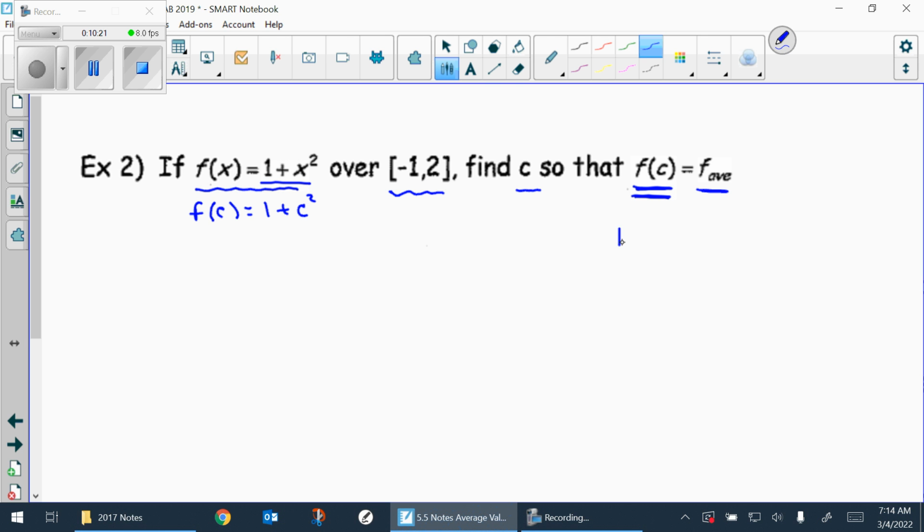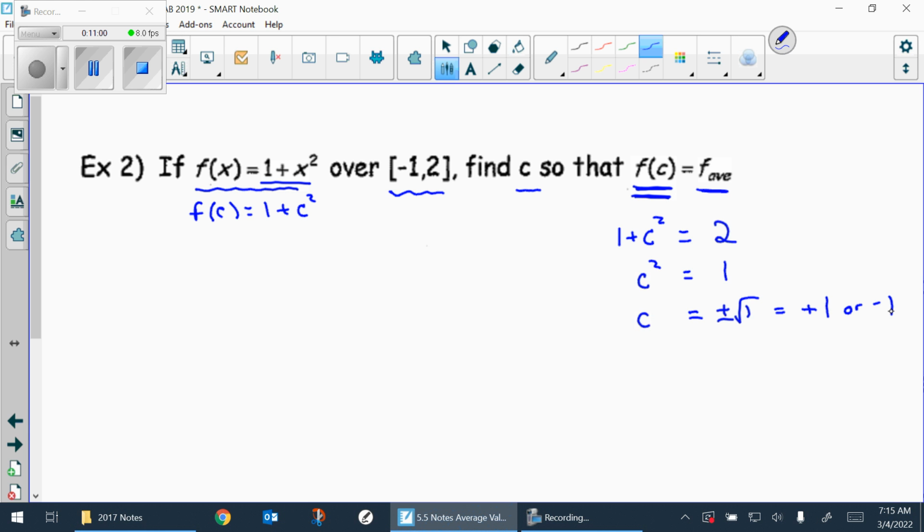So 1 plus c squared is equal to the average value. Now the average value was 2. So I can subtract 1 from each side, and I get c squared is equal to 1, which means that c is equal to the positive or negative square root of 1, which is positive 1 or negative 1.